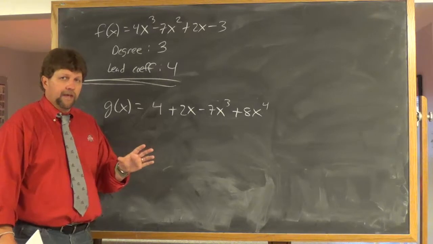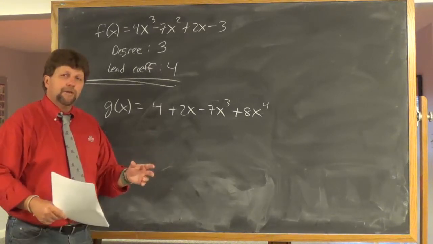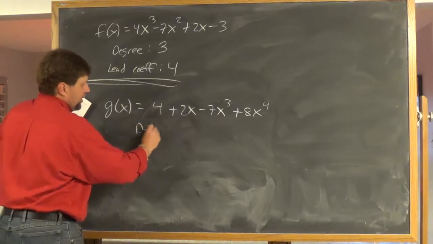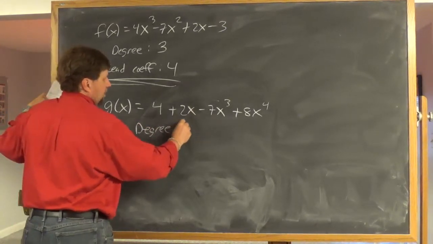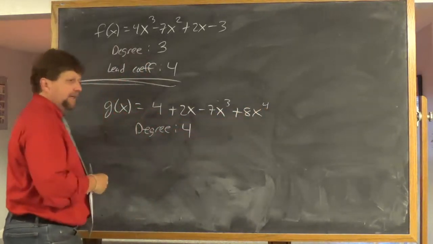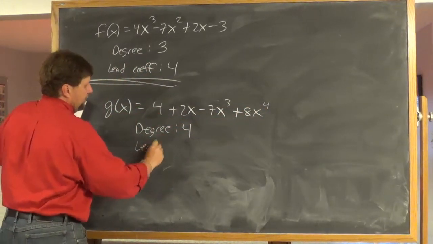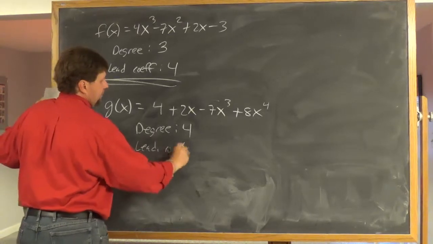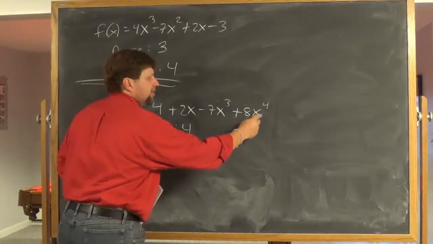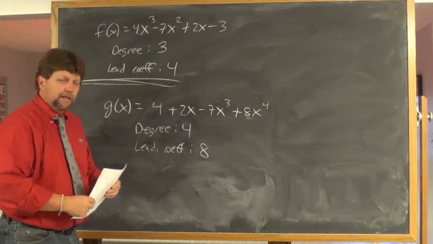There's nothing wrong with that. But you don't have to rewrite it. You should be able to look at it and say, well, the degree is 4, because that's the largest exponent we see, and the leading coefficient is 8. It's the coefficient with the term that was determining the degree.